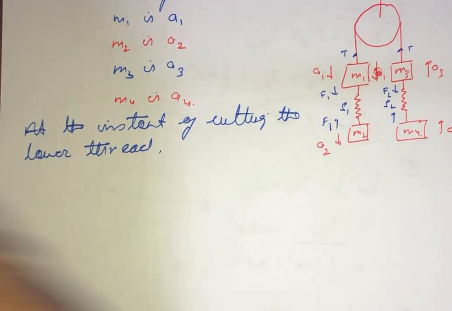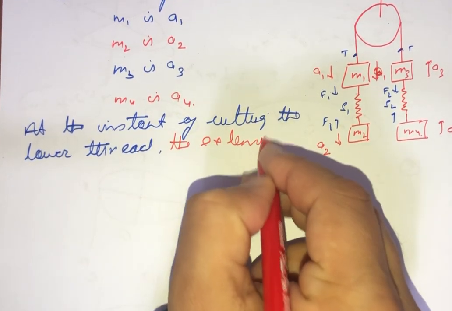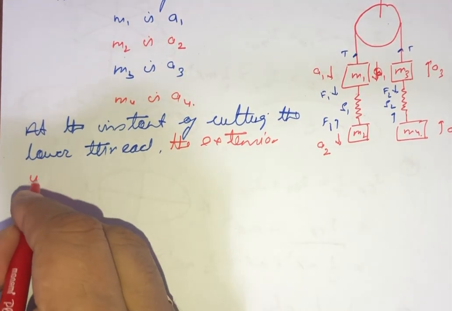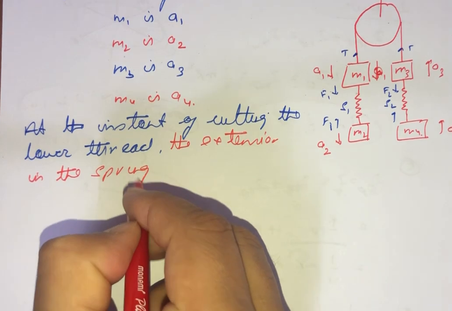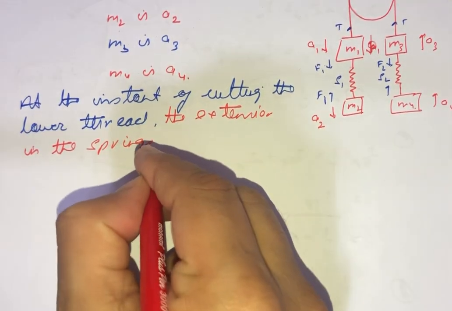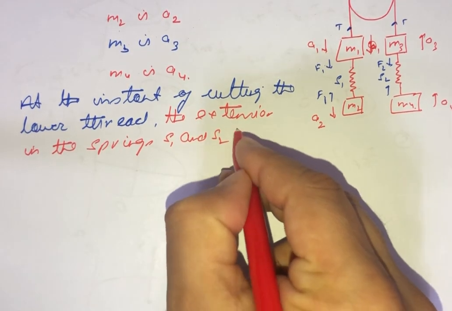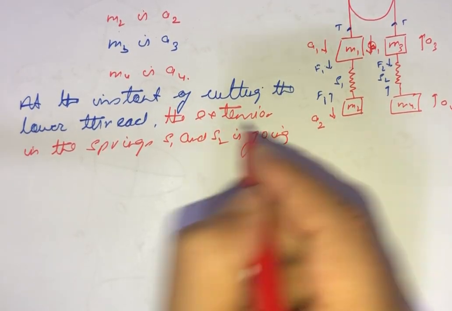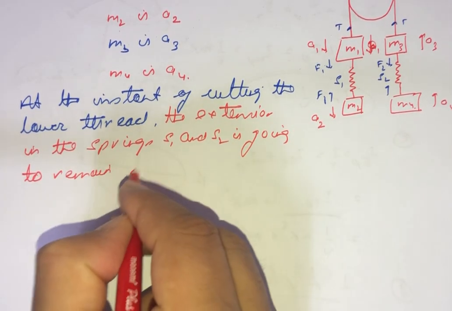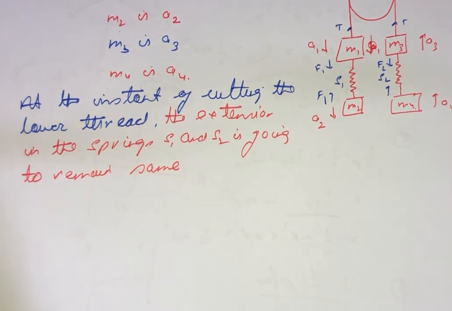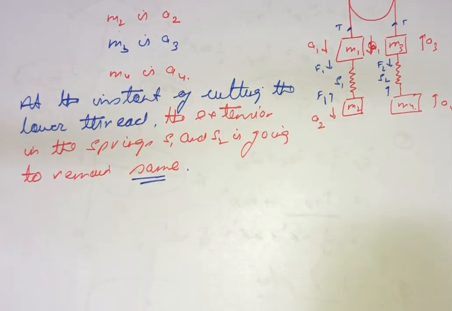So we can say that cutting the lower thread, the extension in the springs S1 and S2 is going to remain the same.